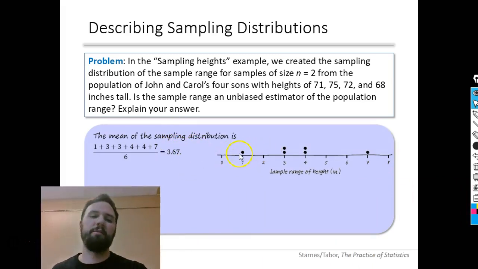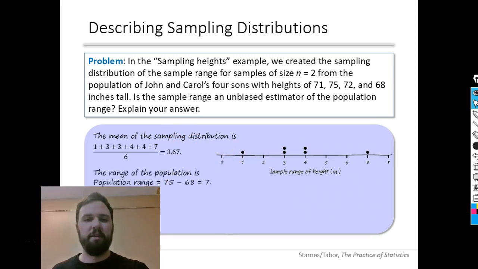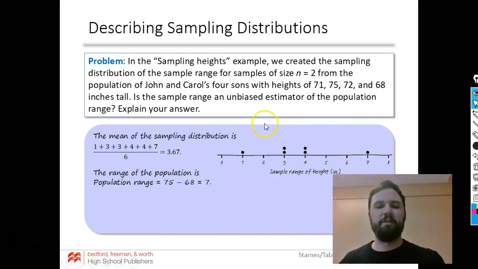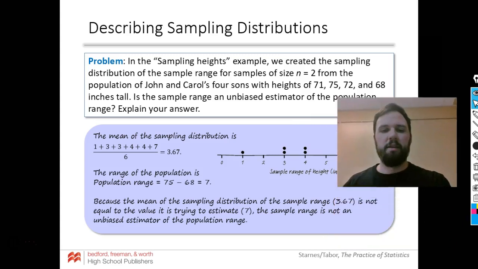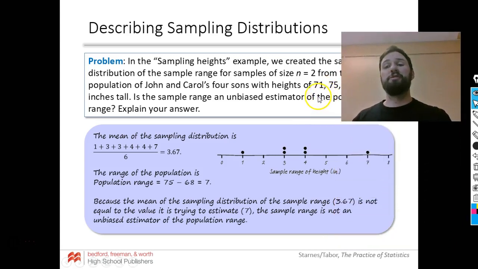We add all those up. But this was the difference. The range of the population is 75 minus 68. So because the sampling distribution of the range is not equal to the actual range, this is not unbiased. It means it's biased. It's no good.